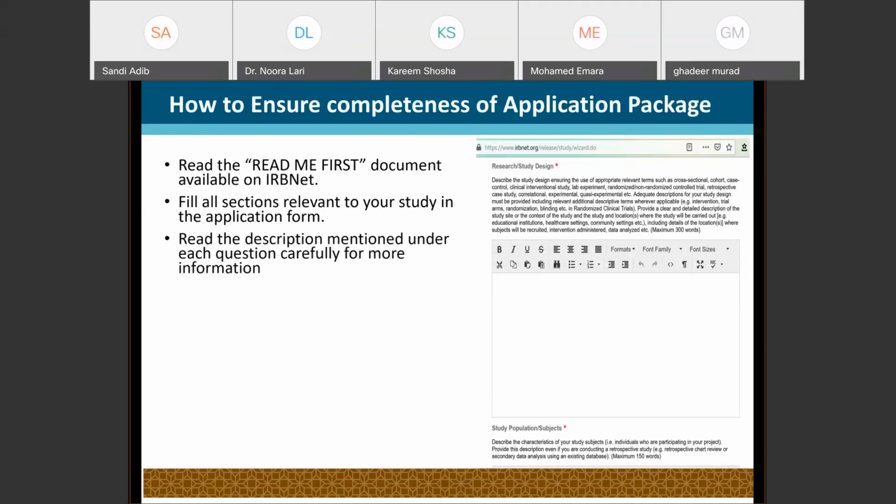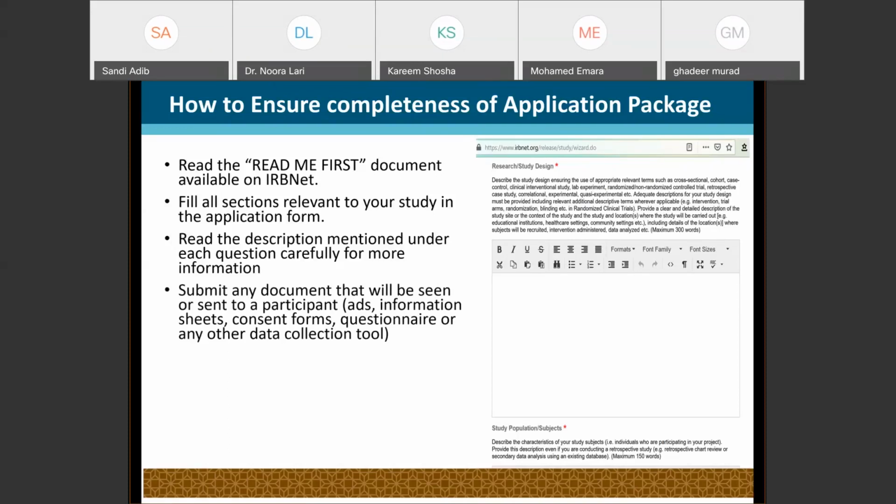As you can see, for example, under research study design, there is a full description of what the committee member wants you to write in this section. If you take some time to read them, you will make your application closer to being complete.